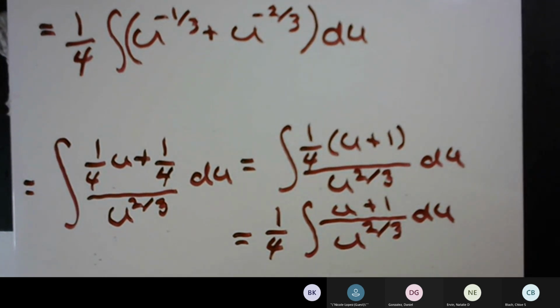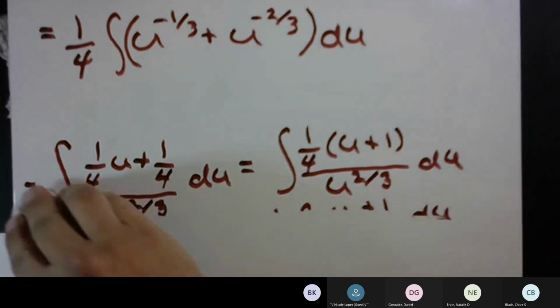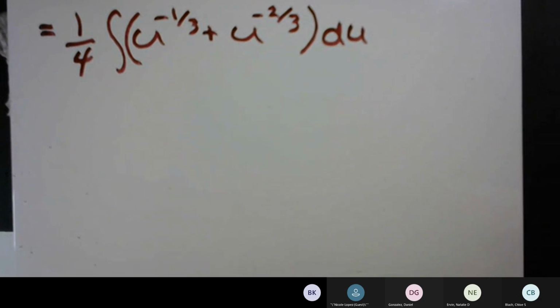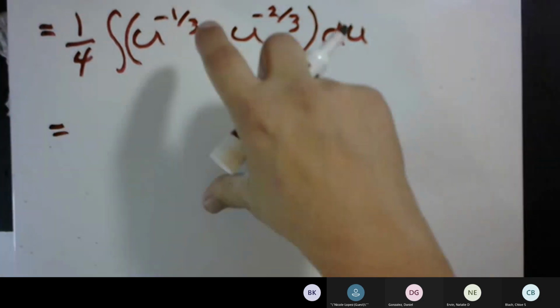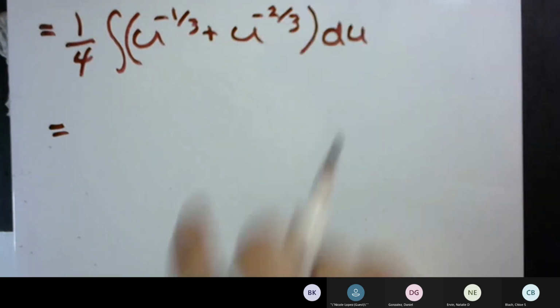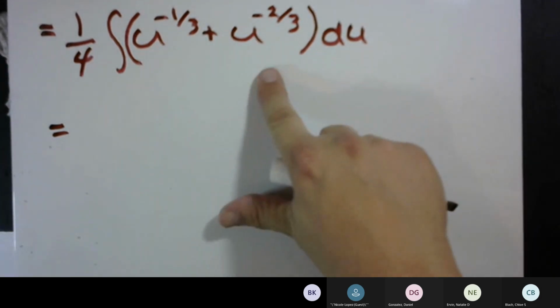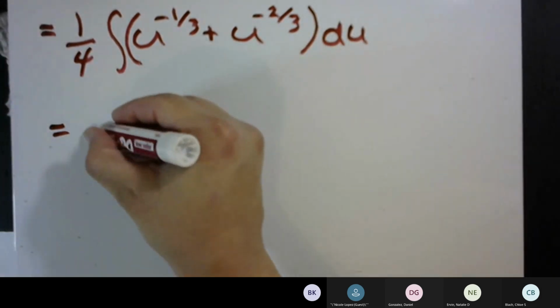So any questions so far? All right. So now we do our integral, and same thing. We add 1 to each of these exponents, and we divide by the exponent plus 1.